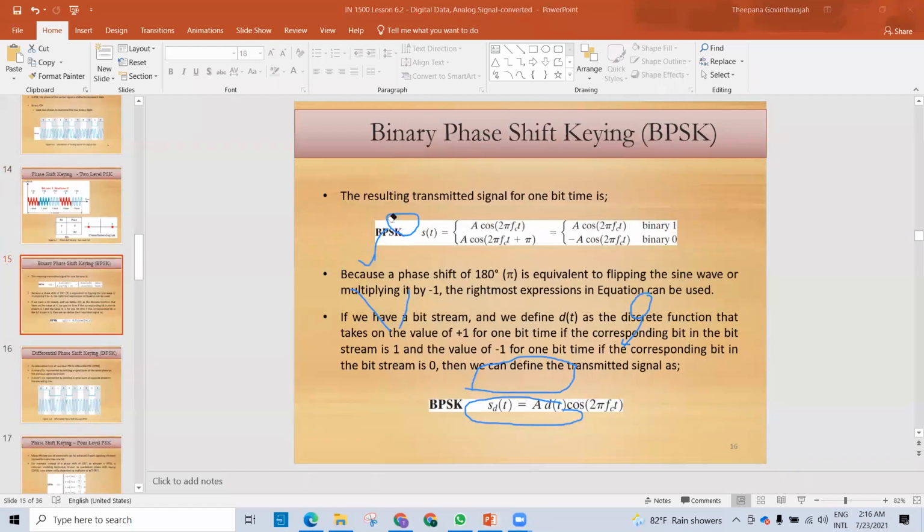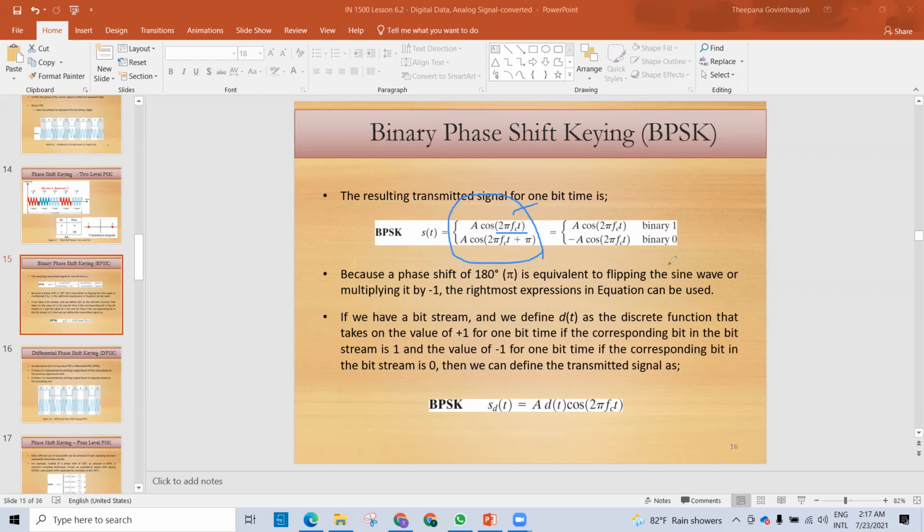In BPSK, when we see the formula, for the binary one, it is equal to A cos 2 pi FCT. In FSK, we used a different frequency. That's why we use different F for the frequency. But here we are simply using the carrier frequency as in ASK, so no change in frequency.